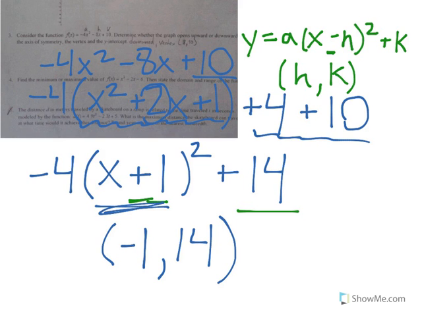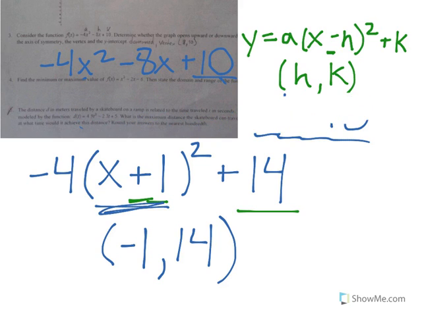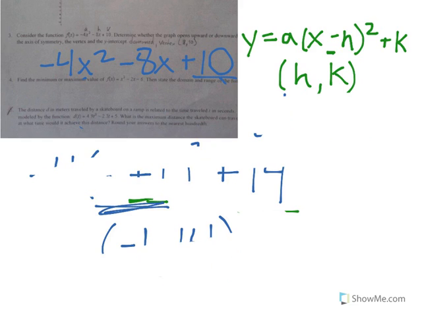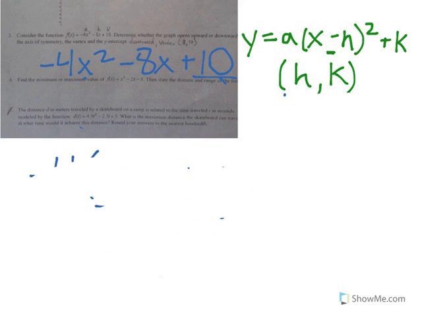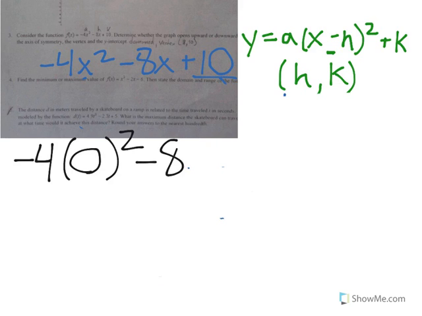So let me go back here and erase this so I can see my function there. Okay, plug in 0 for x and see what we get out for y, or for f of x.